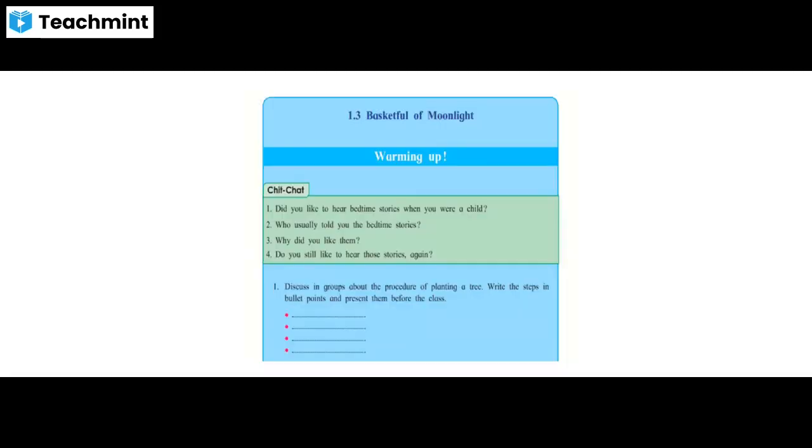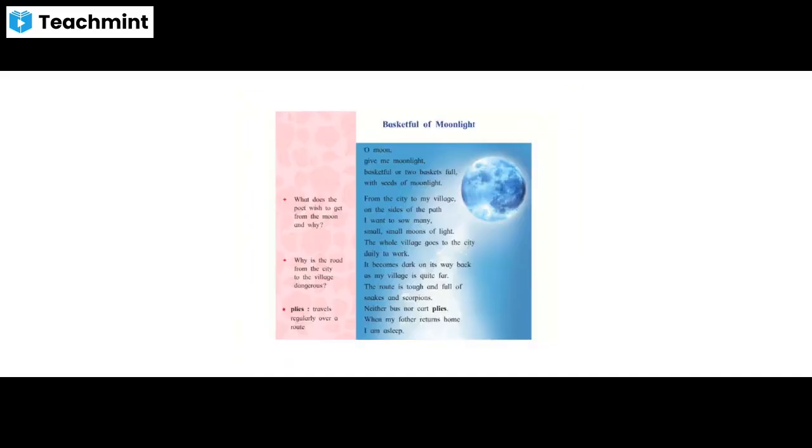Today I am going to present the important activity of the poem, that is appreciation of the poem, and the important thing mentioned in the poem, those are figures of speech.